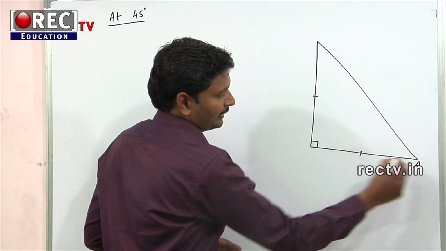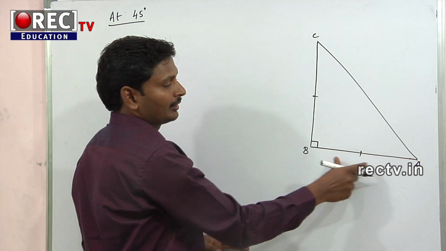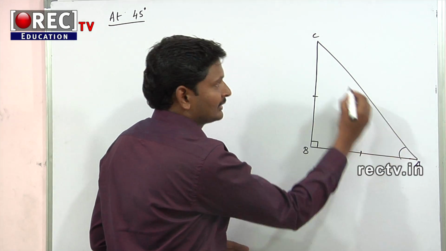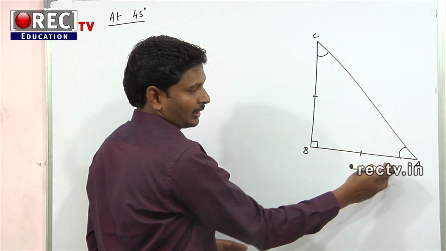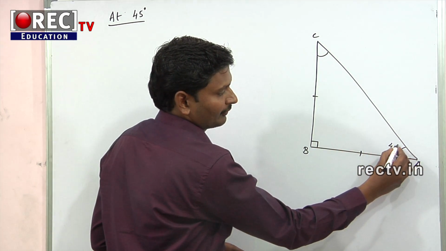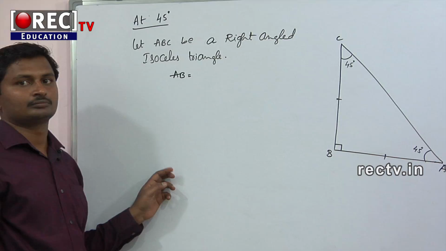Here A, B, C. ABC is a right angle triangle and AB is equal to BC. We know that these two angles must be equal in an isosceles triangle. So this is equal to 90 degrees, this is 45 degrees and this is also 45 degrees.